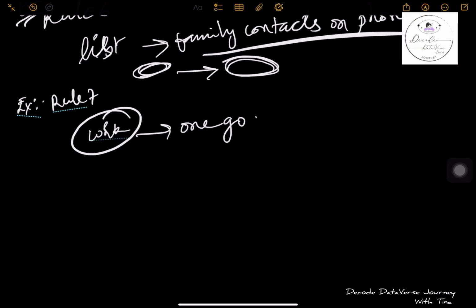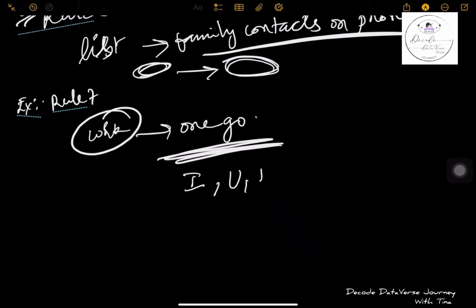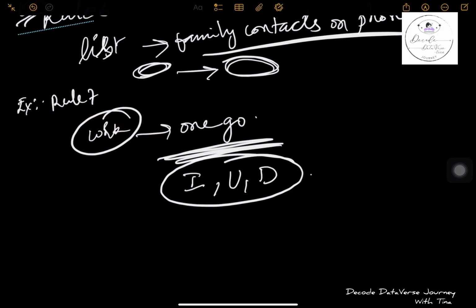Relational databases are built to handle large sets of data at a time. This is what the rule says. It should manage insert, update, and delete. You'll come to know in future videos what belongs to insert, what is about update, and what is delete.